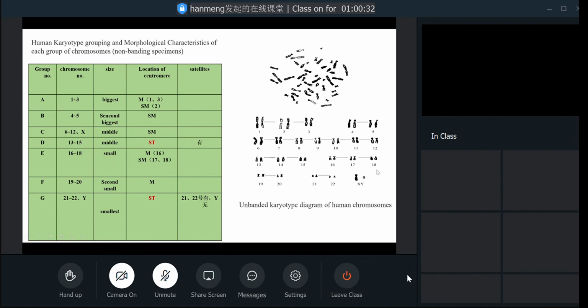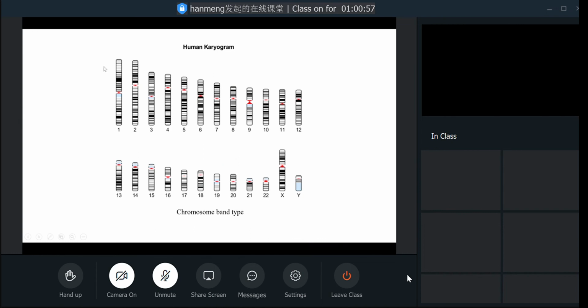Here, this picture shows the unbanded karyotype diagram of human chromosomes. In this condition, we can see the size of the chromosomes, but we can't see some structure of the chromosome. So here we need to know the microstructure of a chromosome.